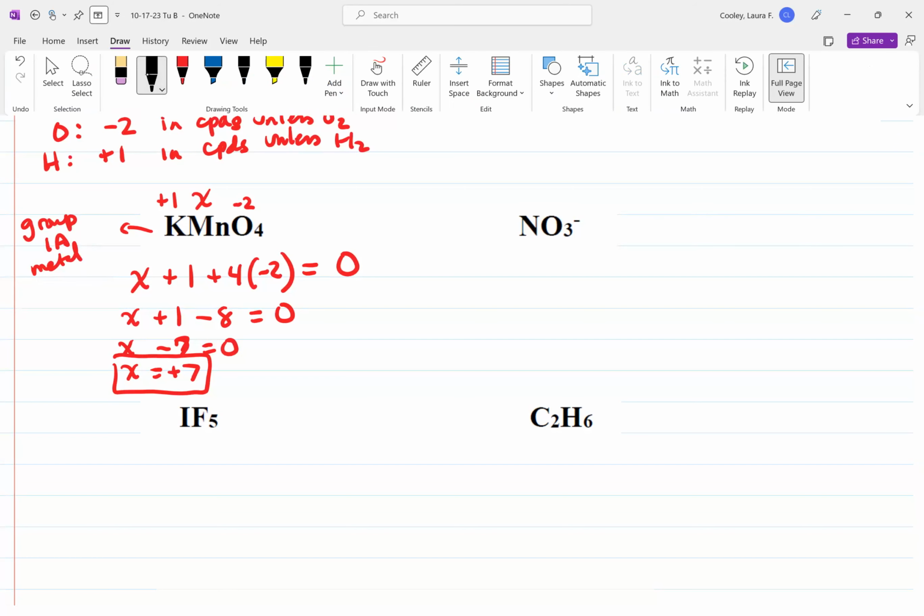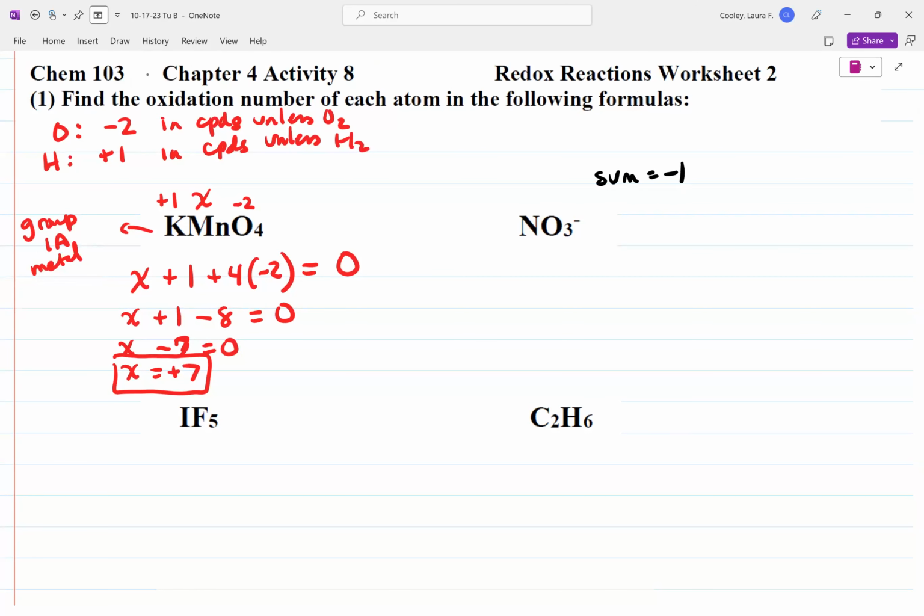NO3 minus. Yeah, the sum of the oxidation numbers here will be -1, because that's the charge on this ion. Now, what is the oxidation number of the O? -2. The N is the X. So what's the equation going to be here?